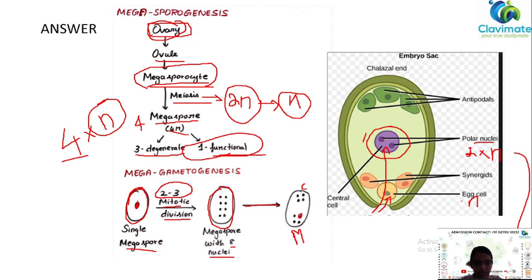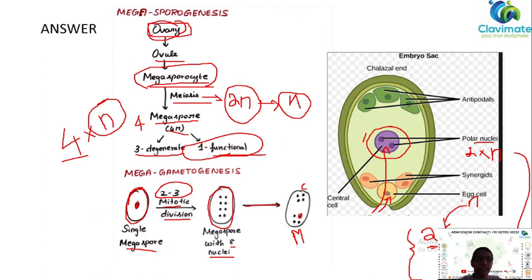And fertilizing the egg cell forms a diploid, that is 2n. So you have two types of fertilization, 3n and 2n. That is why you call it double fertilization. What does the egg cell become after fertilization?